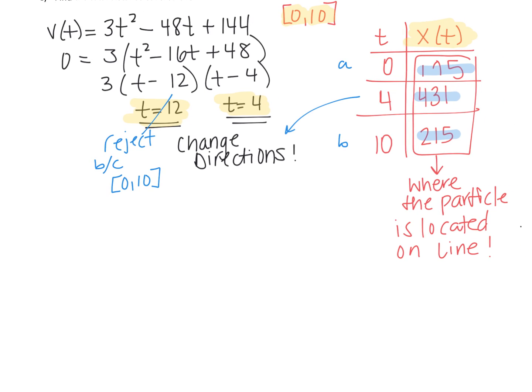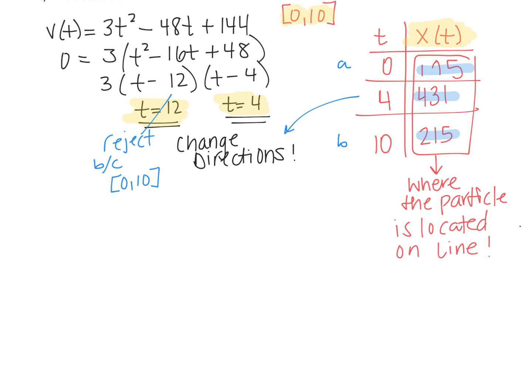So here is my horizontal line, and these are the values of where they're located. So 175, 431, and 215. So we're going to put these in numerical order. So maybe, again, it doesn't matter where you put it, but let's just say 175 is here, 215 is pretty close to it, and then maybe 431 is a little bit further away. So we know at time equals 0, I am located at 175.